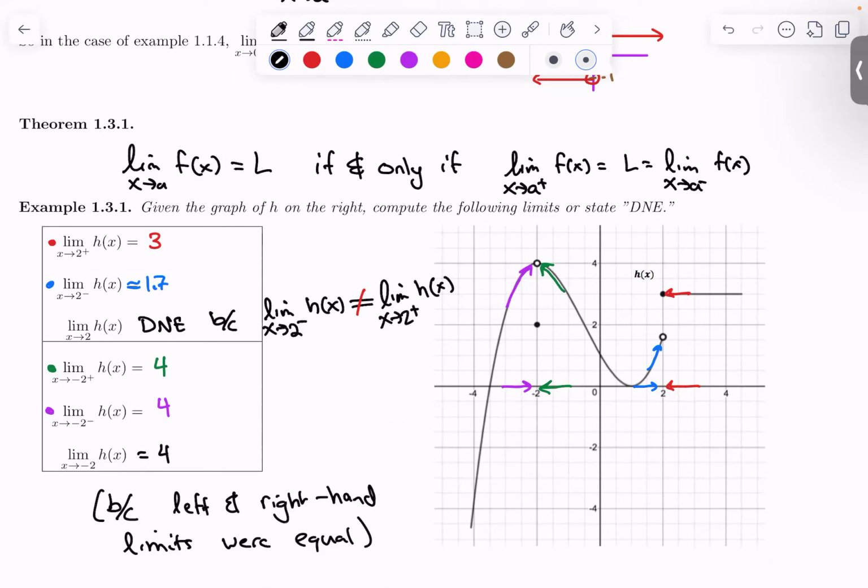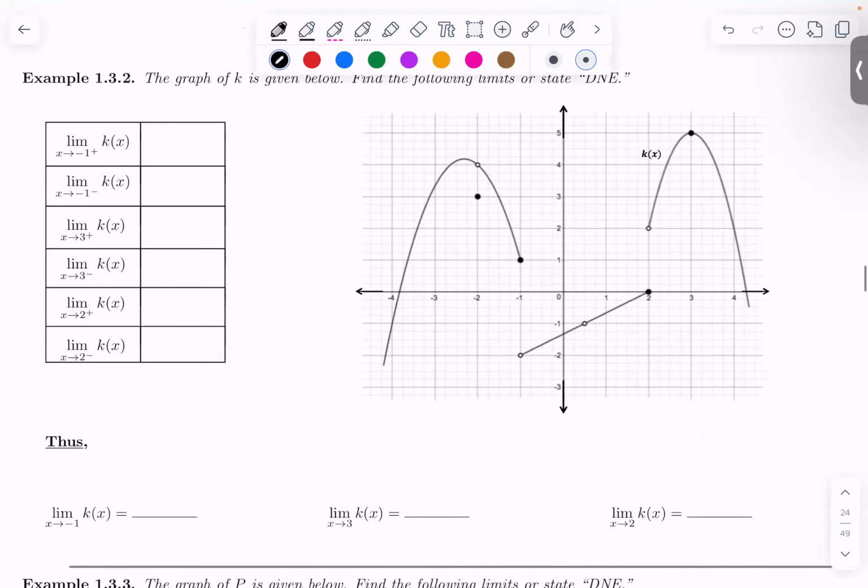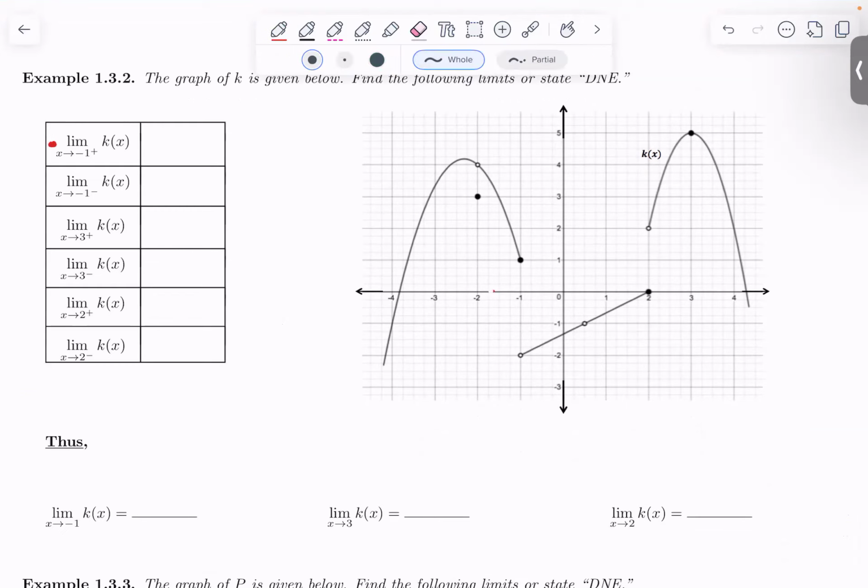So let's go ahead and do 1.3.2 together, and then I'll have you do 1.3.3 on your own. The limit as x approaches -1 from the right would be from numbers like -0.7, -0.8, -0.9, -0.99, -0.999.